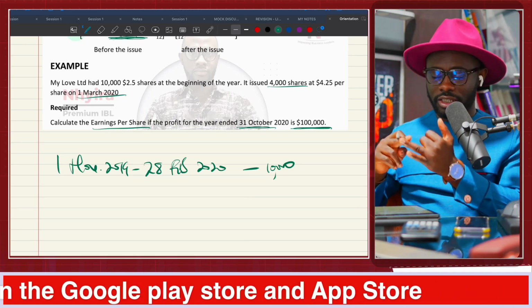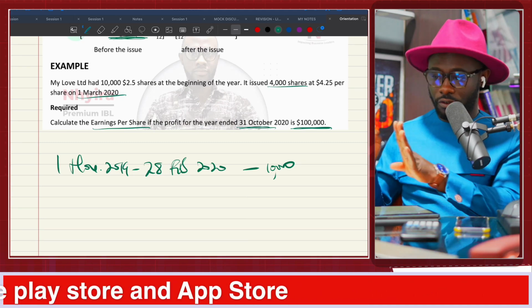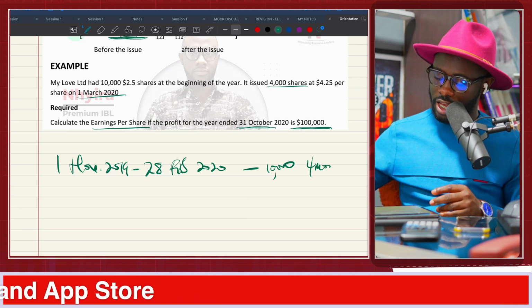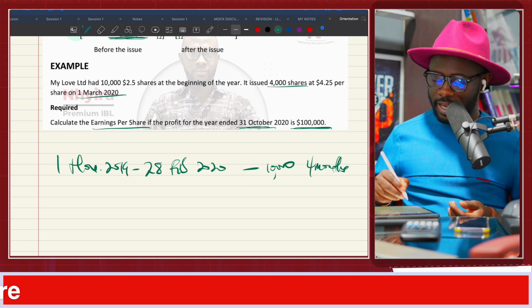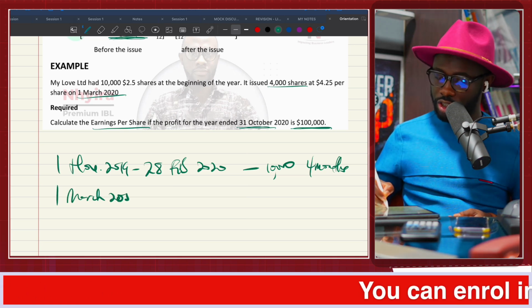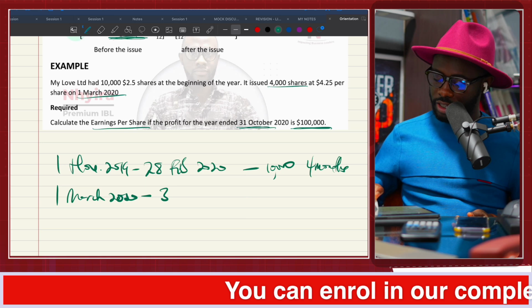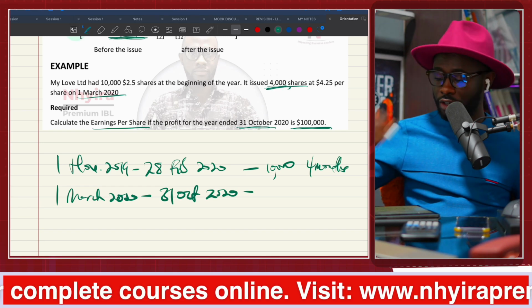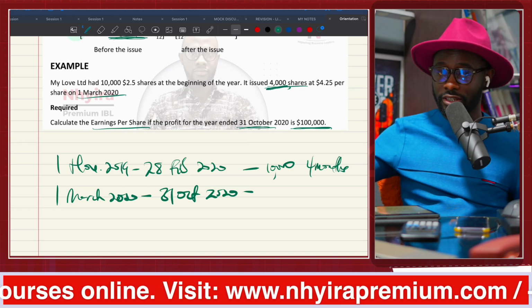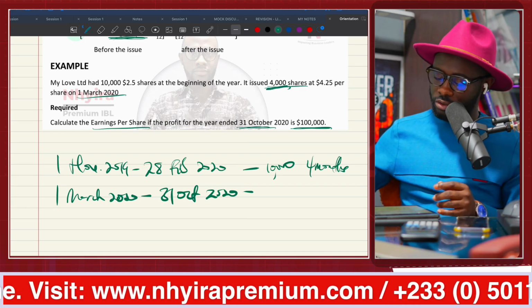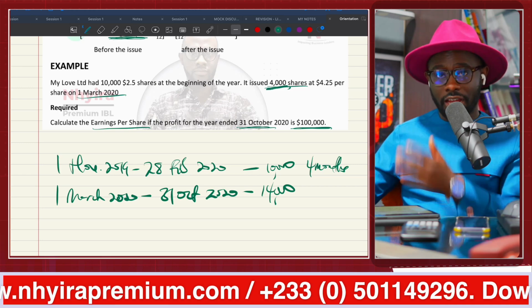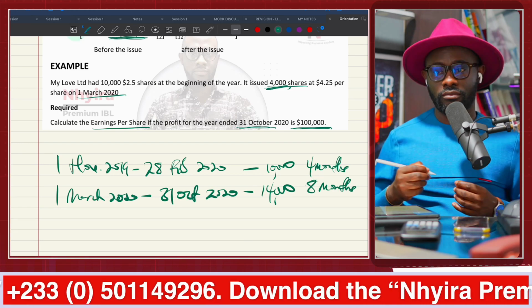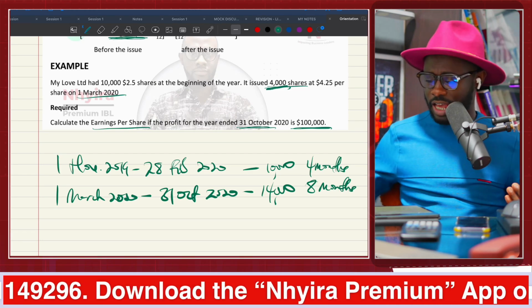November, December, January, February, that's 4 months, so that has been there for 4 months. Then from 1st March 2020 to 31st October 2020, they did a full issue of 4,000 shares. So now the total number of shares will be 14,000, and that had been there for 8 months. Are you getting the idea?